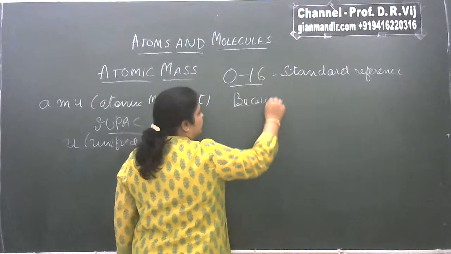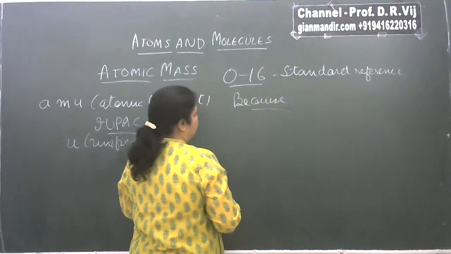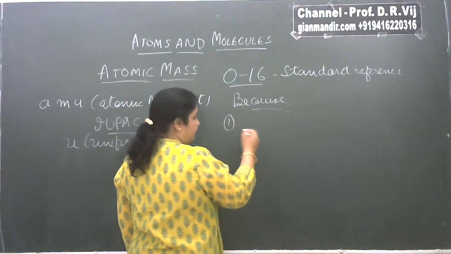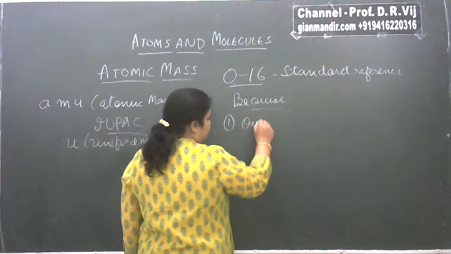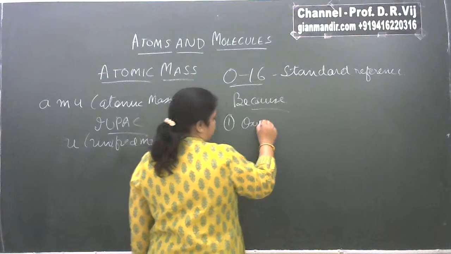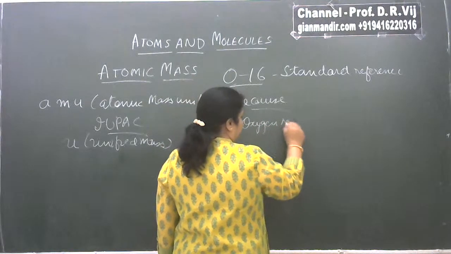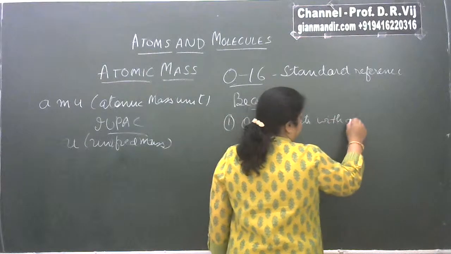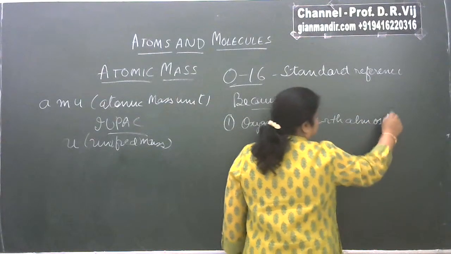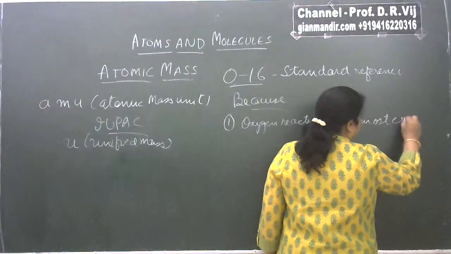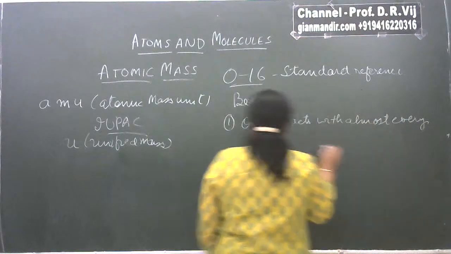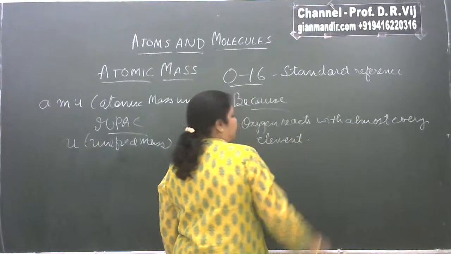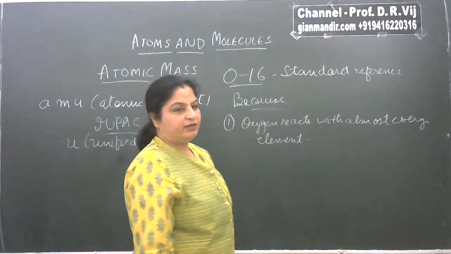Oxygen was chosen as a standard reference because of two reasons. The first reason is that it is quite reactive. So oxygen reacts with almost every element. That's why it was chosen as a reference.